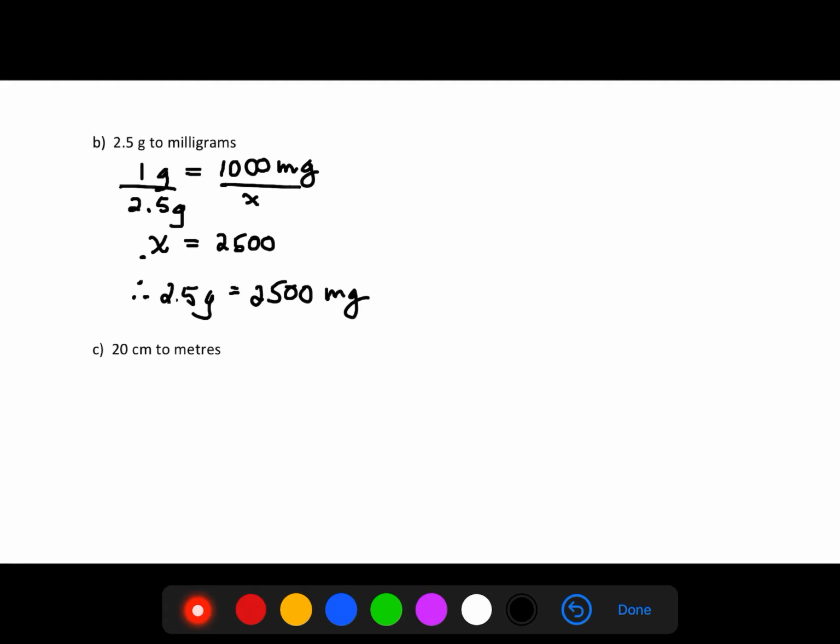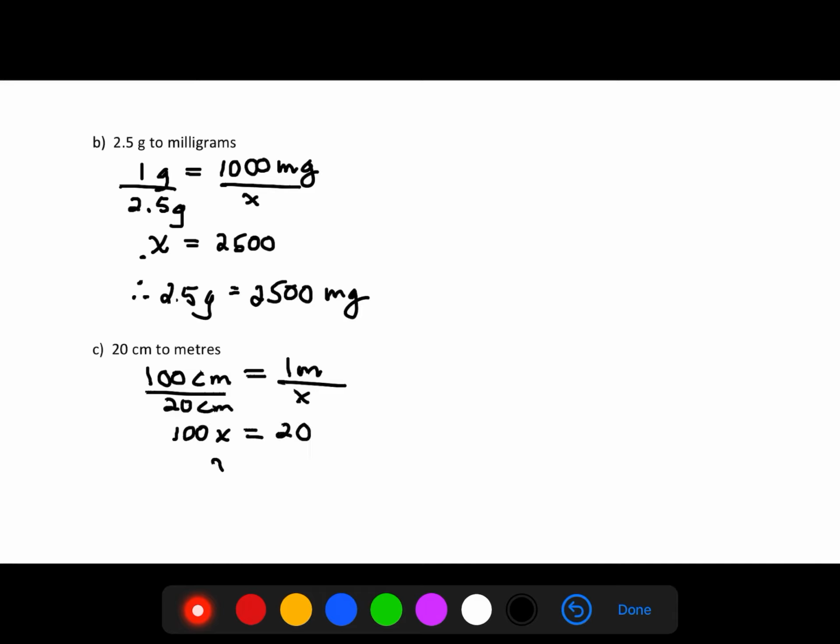Taking a look at 20 centimeters into meters. So we're going to a bigger measurement, so we should have less of them. So again, starting with the fact that we know that 100 centimeters is equal to 1 meter. We have 20 centimeters, and we want to know how many meters.